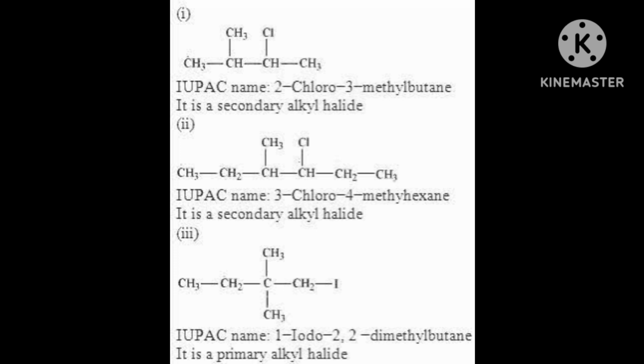Then 3-bromo 2-methyl, because on carbon number 2 a methyl group is there. Then 3-bromo 2-methyl, and total is 4 carbons, butane, and the first carbon is having a double bond, ethylene. Then but-1-ene, okay, but-1-ene.